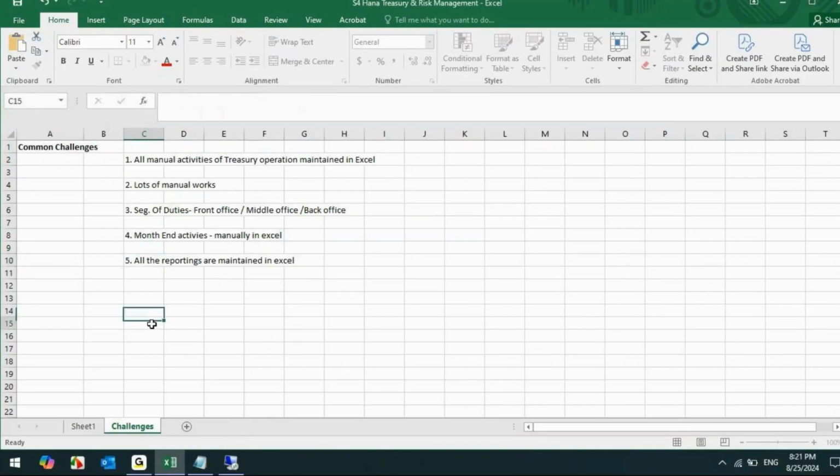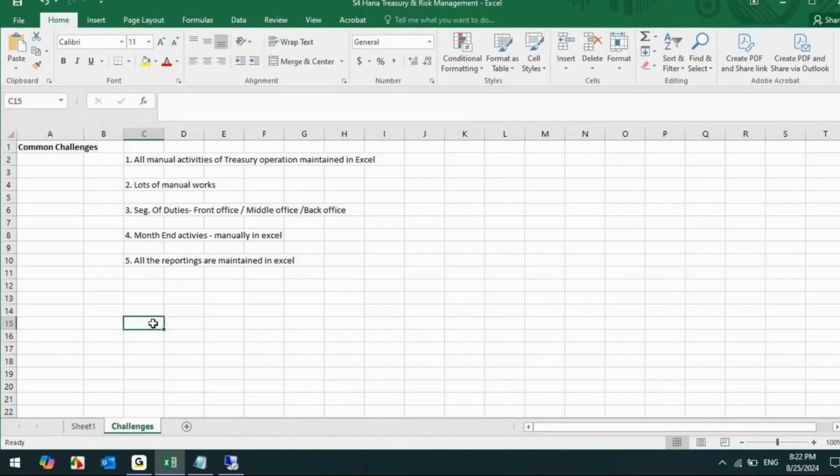So these are the common challenges. You have to spend a lot of time to maintain not only the transaction-level data, but also the reporting-level data. You have to maintain the segregation of duties like front office, middle office, back office, with lots of email exchanges and lots of Excel work. So these are the common challenges we see.